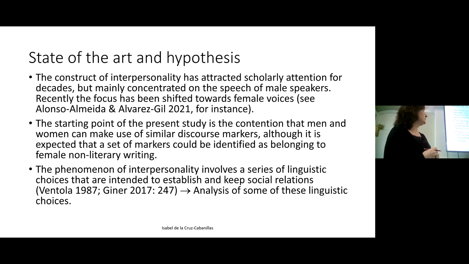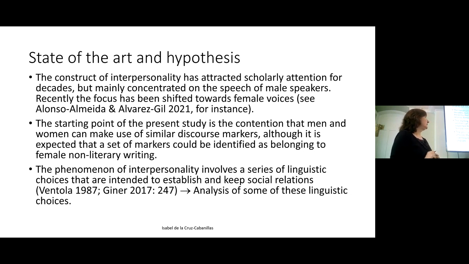And the starting point of this present study, as an ambitious idea, is a contention that men and women can make use of similar discourse markers, but it is expected in future analyses that there will be a set of markers that could be identified as belonging to non-literary female writing. So that's the general idea, but obviously this is my first preliminary study on the topic, so I'm just going to concentrate on some features of interpersonality on texts written by women or compiled by women.